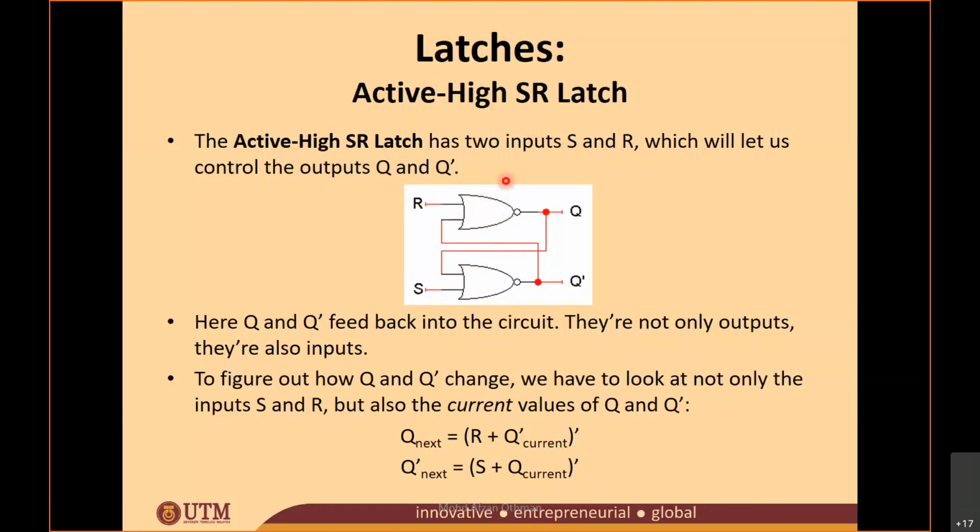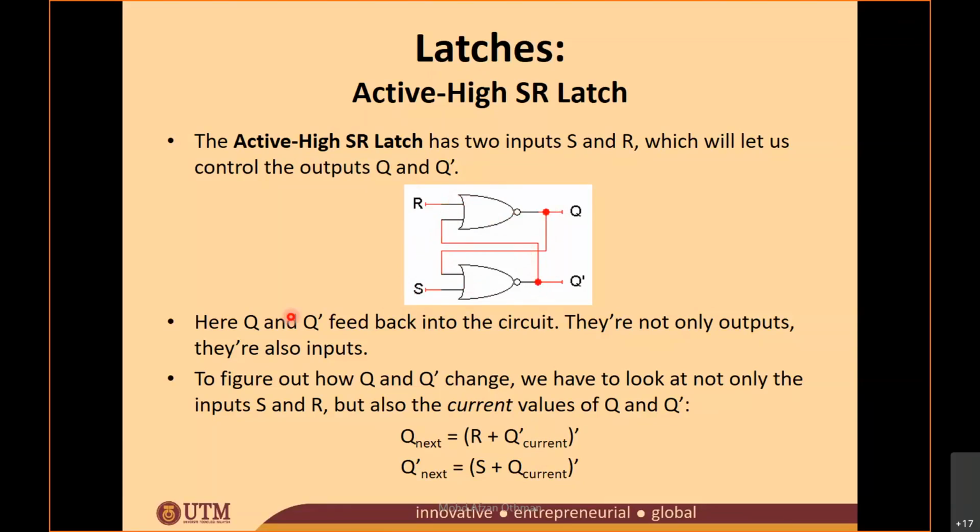This is the first NOR gate and this is the second NOR gate. This is the input R and the second one is the input S, and then the output from the first NOR gate will become the input of the second NOR gate, while the output of the second NOR gate will become the input of the first NOR gate.